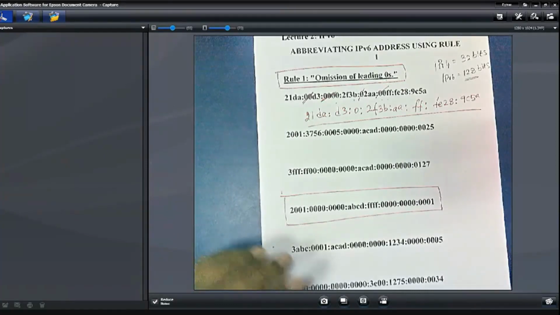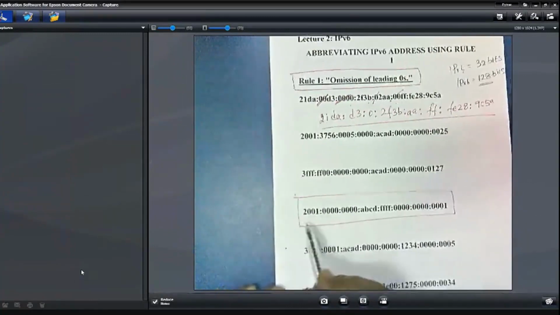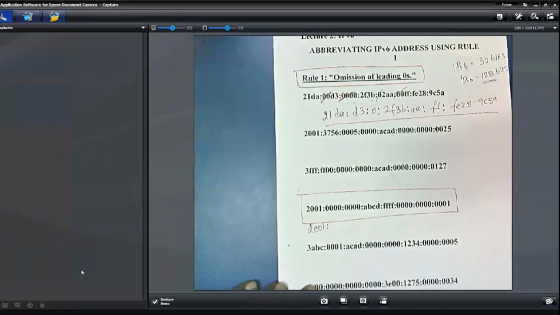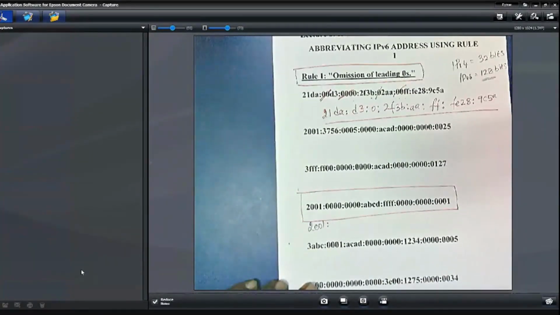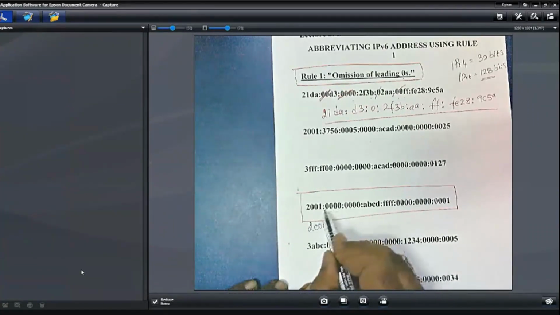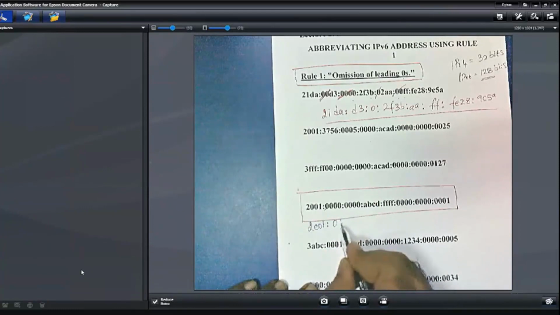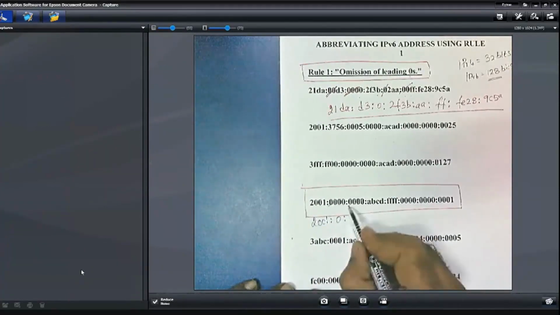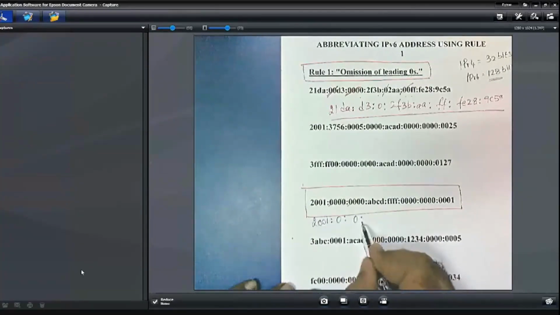Okay, all of you look at the screen now. See, 2001: there are no leading zeros, so I take 2001 as it is. Then the next one has 4 zeros, so 3 zeros I can remove, leaving 0. Then here I have 4 zeros, so 3 zeros I can remove, leaving 0.